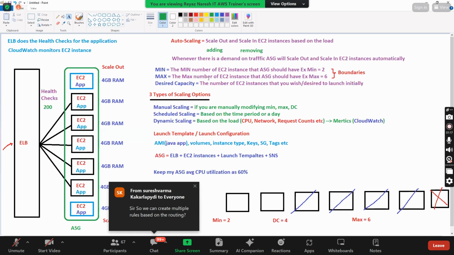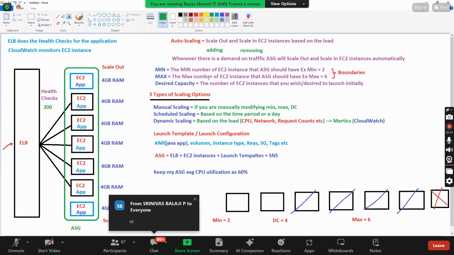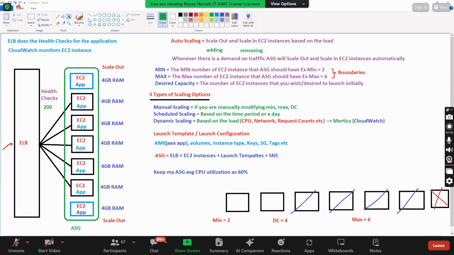If not, correct, Suresh. Take the screenshot. Done? Okay. And the second one?